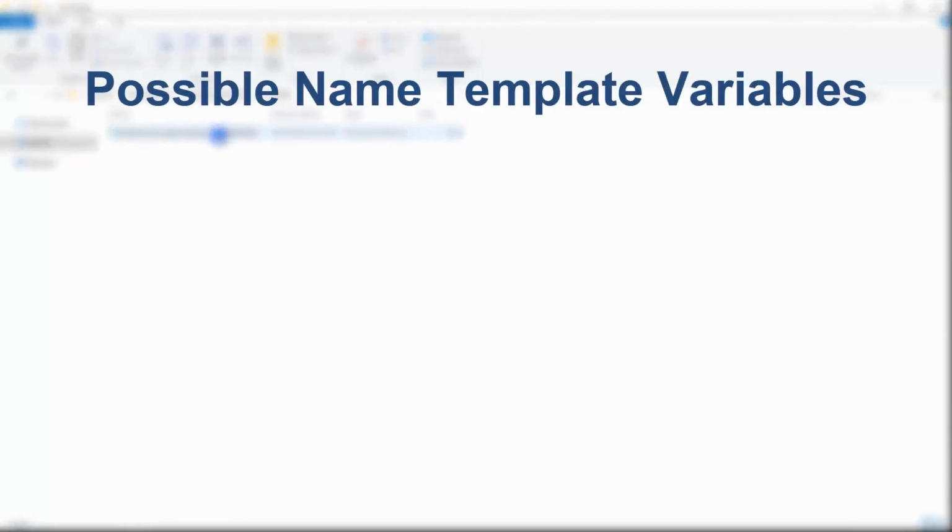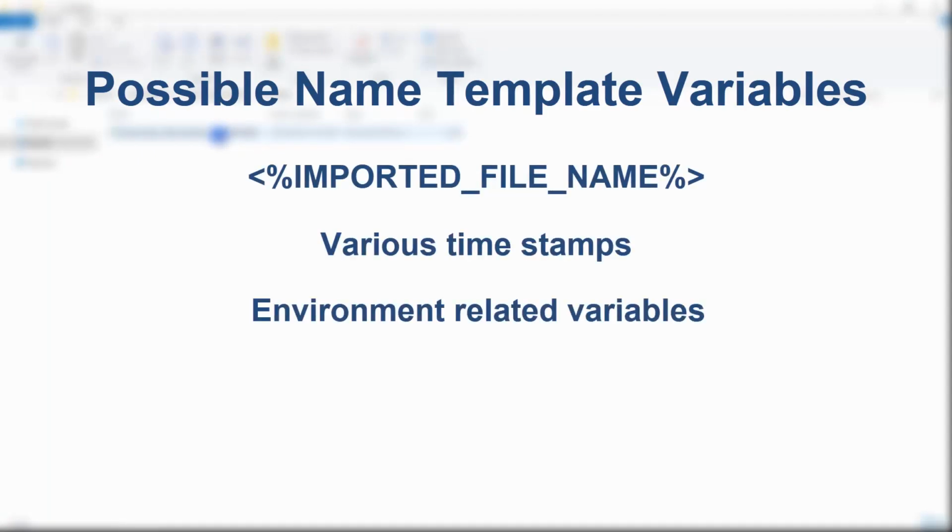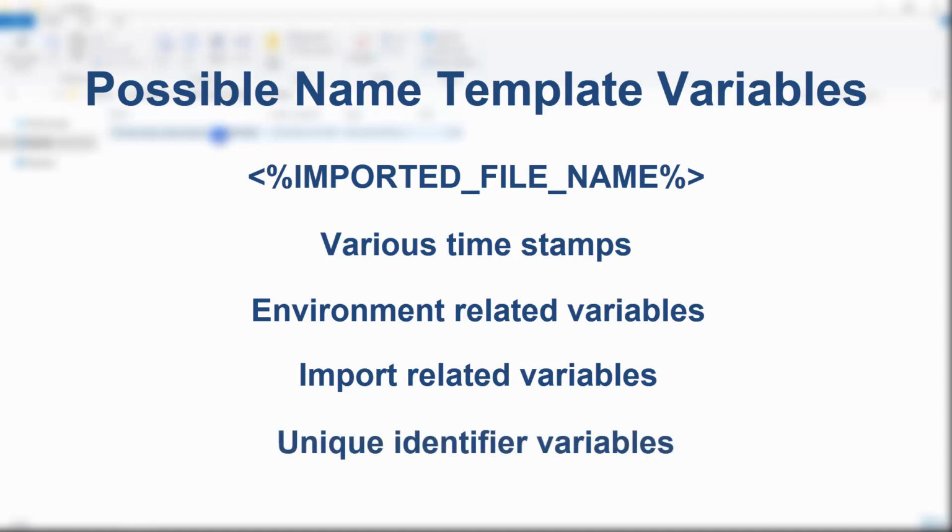Possible name template variables are the imported file name, various timestamps, environment-related variables like server name, or the ID of the import mask, import-related variables like count of imported, inserted, or updated rows, and unique identifier variables.